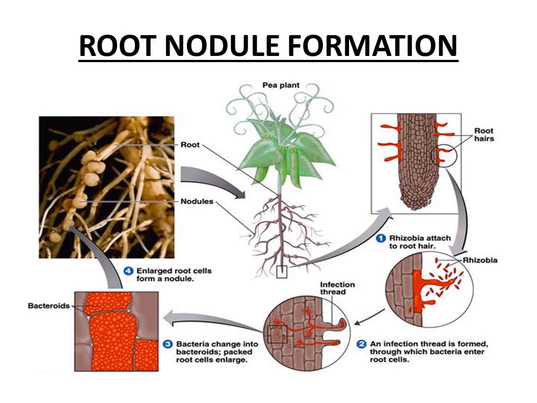Once this happens, the nod factor also stimulates the host cell to undergo a process called nodule organogenesis. This is nothing but the cortical cells again acquiring the characteristic feature of dividing.